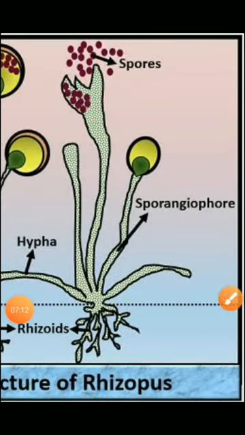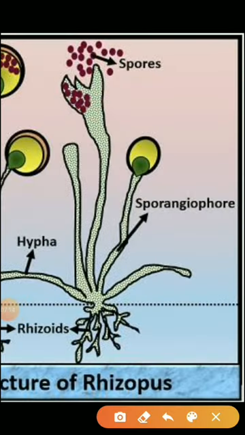Once again, listen. Let us discuss sporangiospores. What is the nature of these sporangiospores? These are non-motile, that means it cannot move, and non-flagellated. Flagella is a whip-like structure present in organisms for movement.